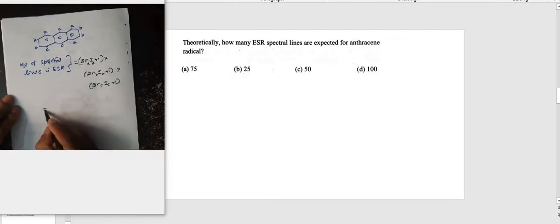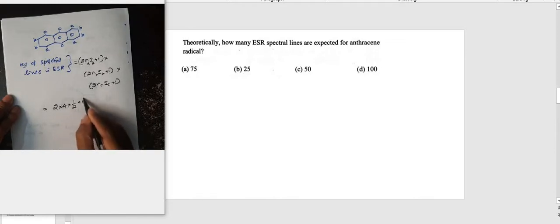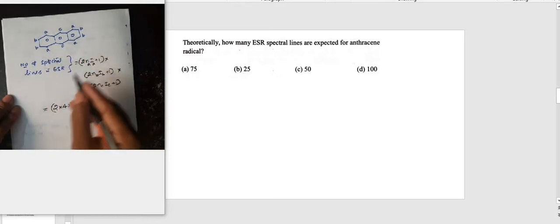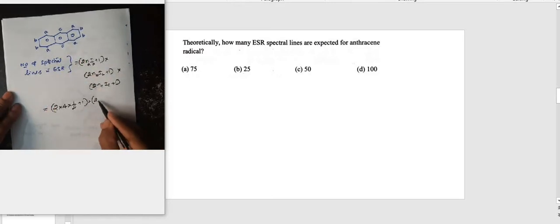For the A protons we have 4, so 2 into 4 into 1/2 plus 1. Similarly we have 4 B protons, so 2 into 4 into 1/2 plus 1. Then we have 2 C protons, so 2 into 2 into 1/2 plus 1.